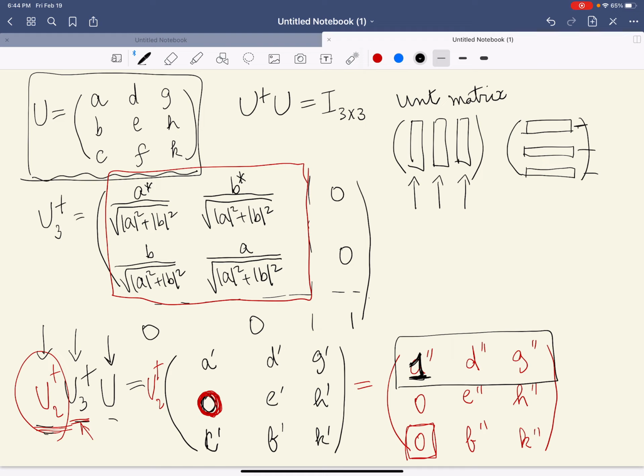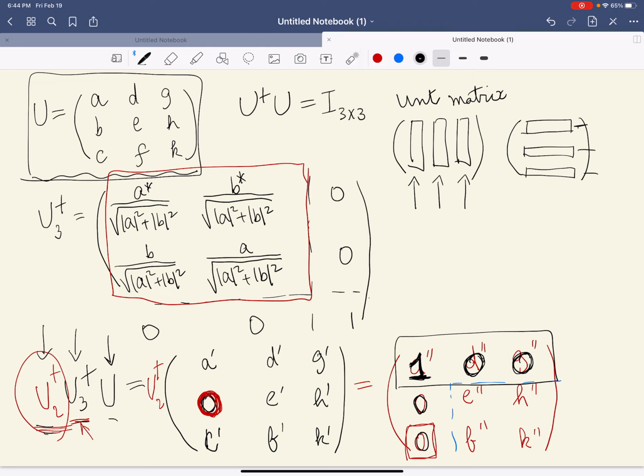But in order for this first row to represent a unit vector, these two other elements must be 0. Because the first element is already 1, to satisfy the unit normalization condition, these other elements must vanish. Okay, so what happens is that we were able to decompose this into a nice block diagonal form.